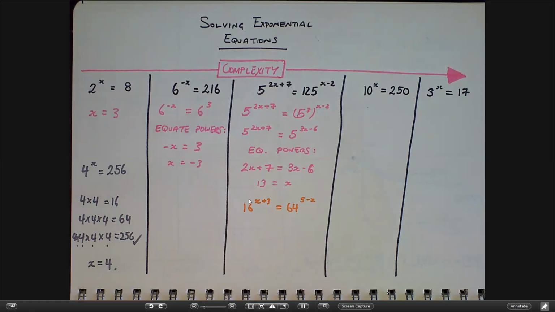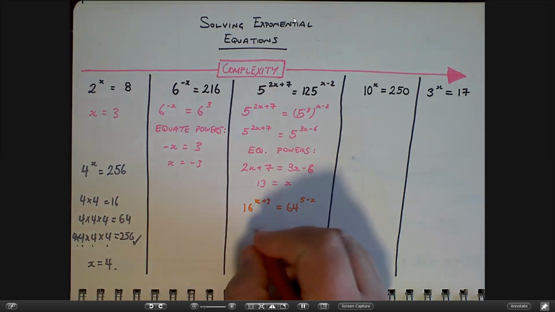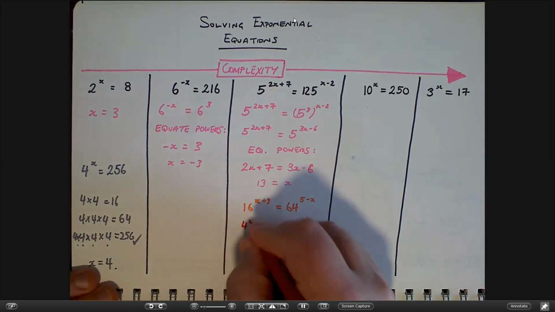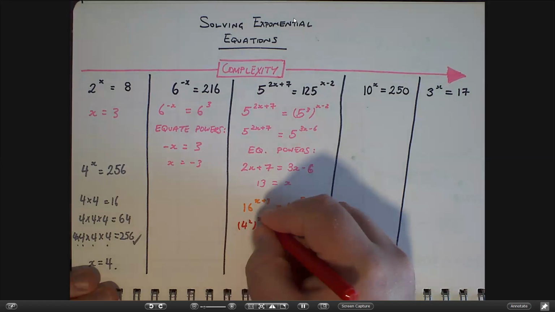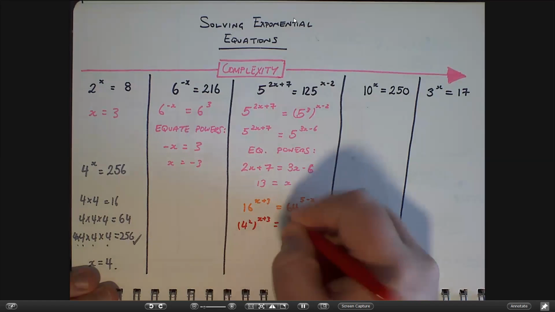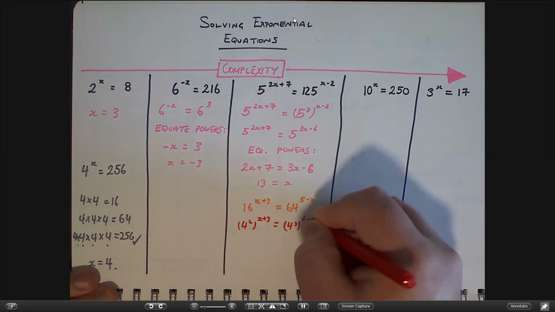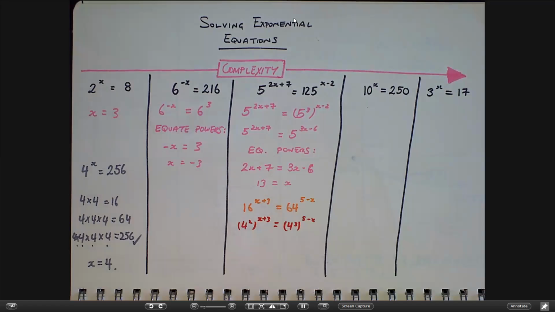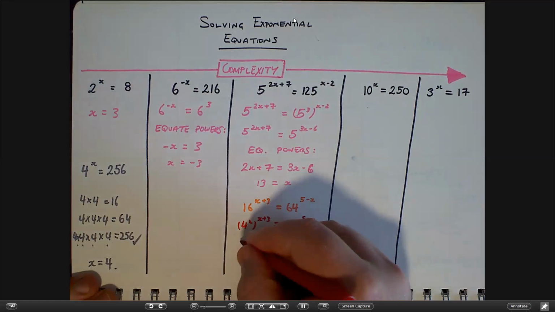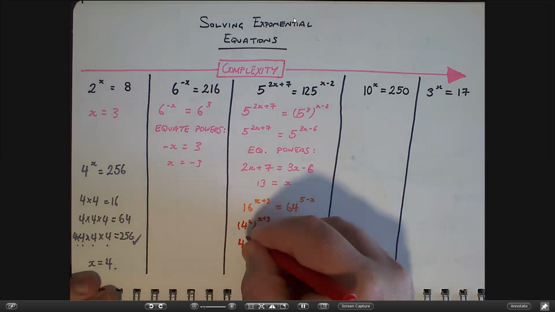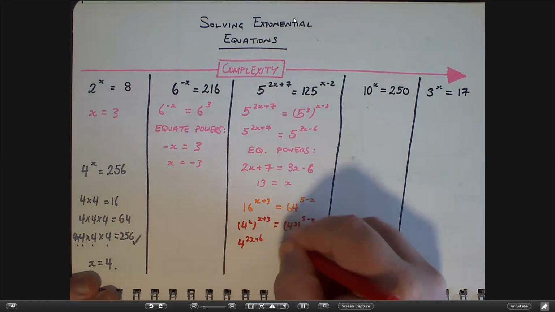Do they share some sort of base that I could rewrite them as? Yes, this one here is 4 squared, this one here is 4 cubed, so I'm going to rewrite those. Maybe I'll use red. So this is 4 squared to the x plus 3, and this is 4 cubed to the 5 minus x. And I'm going to multiply powers here. So we're going to have 4 to the 2x plus 6.